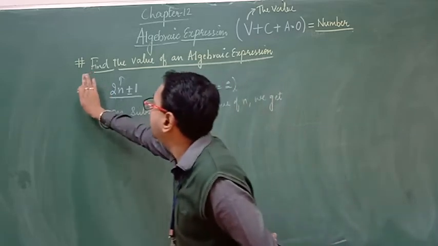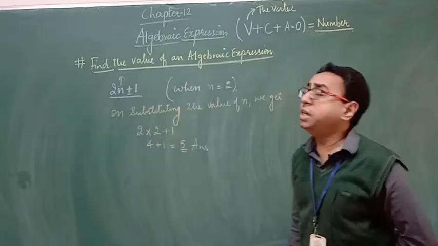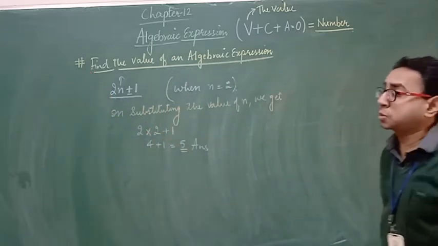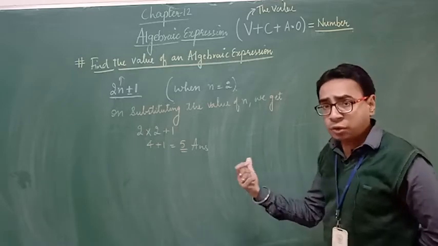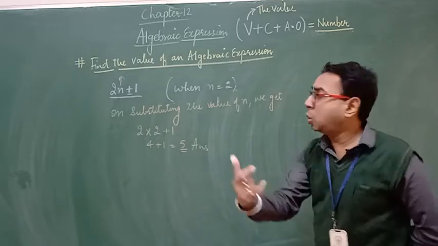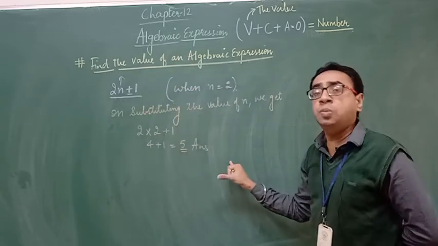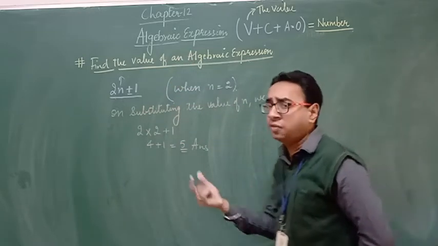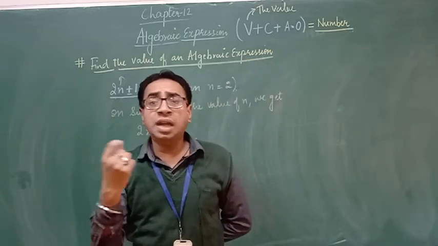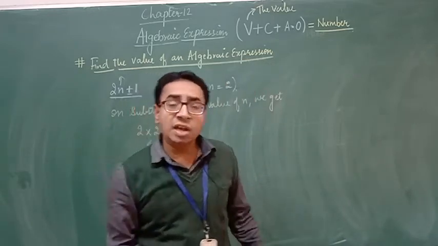This is the importance of this topic, finding the value of an algebraic expression. An algebraic expression would be given to us, and by putting the value of the variable, we get an answer in numbers. That can be positive or negative; that's not a hindrance. Are we clear with this?